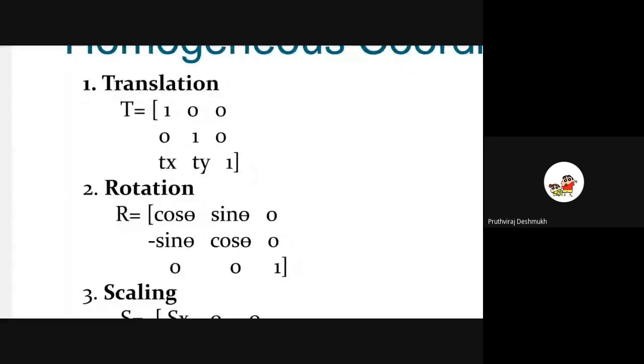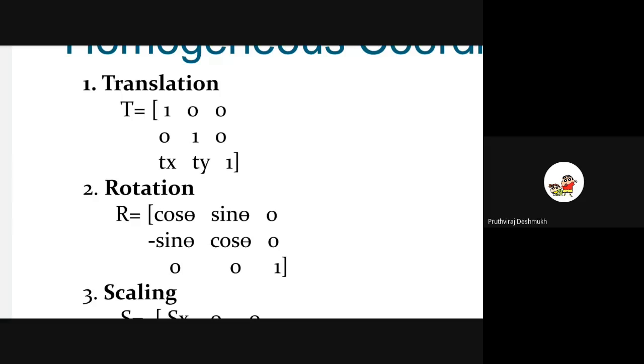The translation matrix is 1 0 0, 0 1 0, tx ty 1. Only one row and one column are added here.